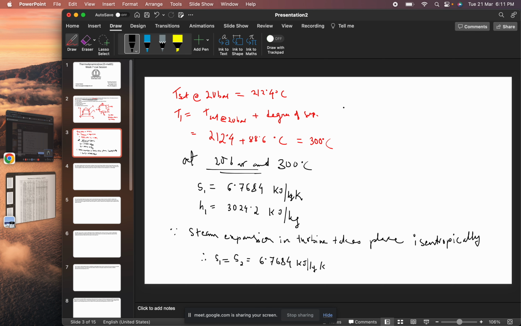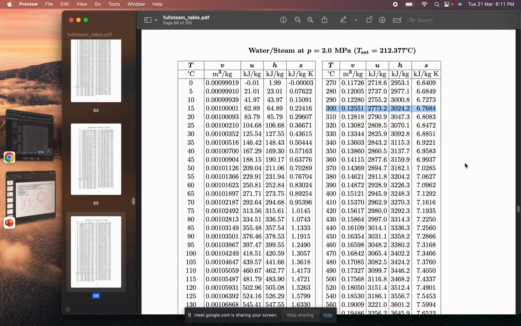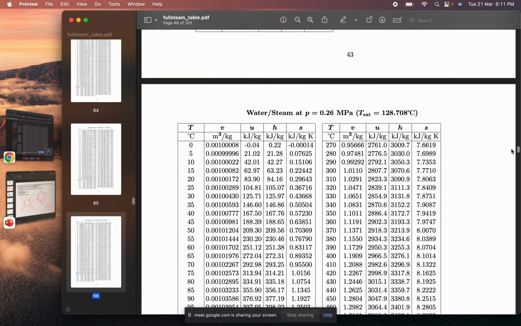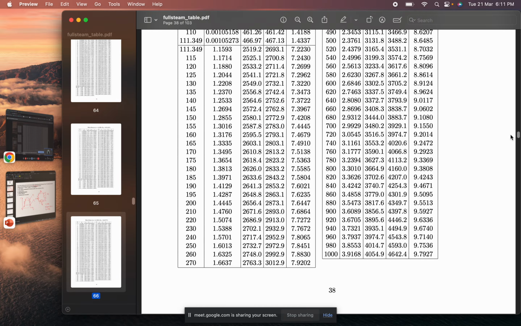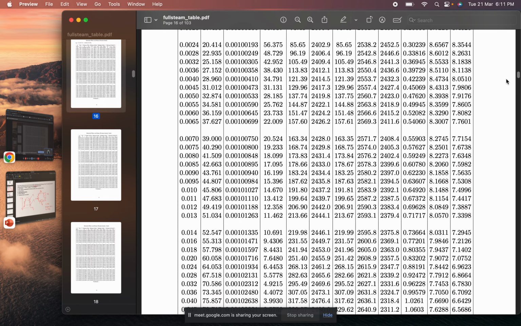Now then again see here, my S2 I can also calculate if I look at the pressure P2 level. So at the pressure P2, that is 0.07 bar, that means 0.007 megapascal, we have to see the property S2.